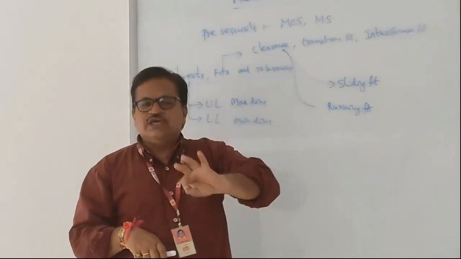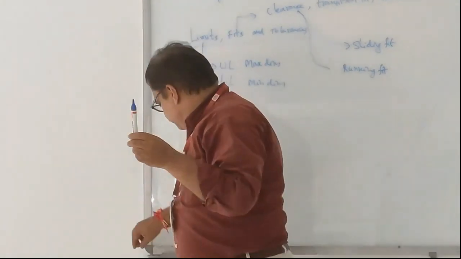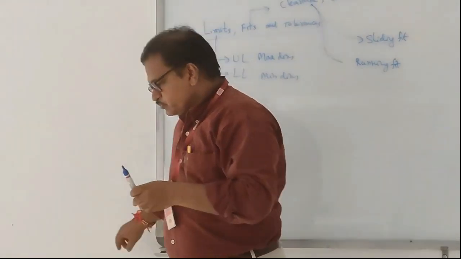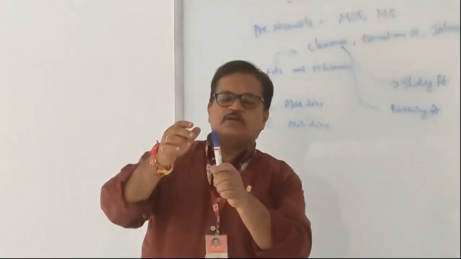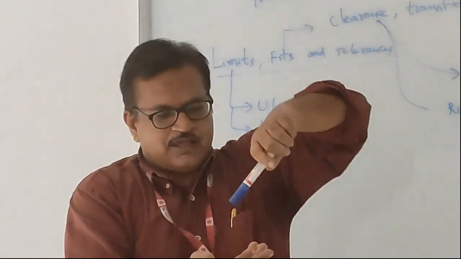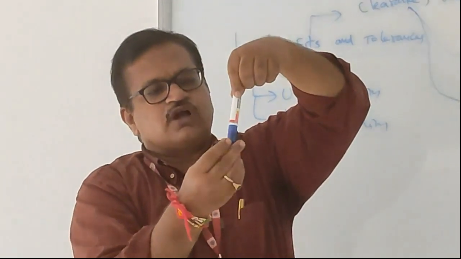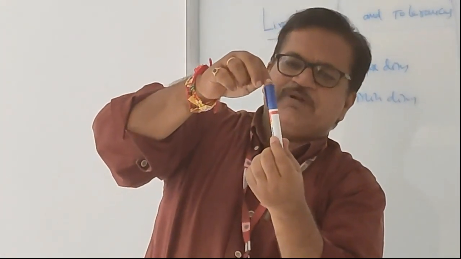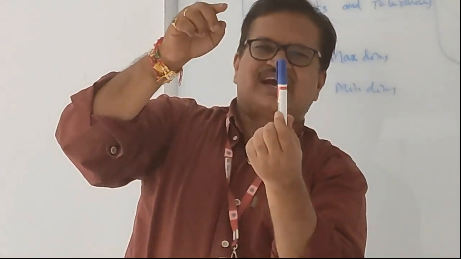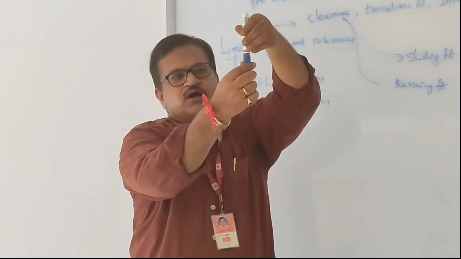That means the one part, let us say you have taken this pen, pen is having a cap. When you put it and when you reverse it, it is going to come out. But when you push it a little bit harder, then it is going to click. Now, when you reverse it, it is not going to come.